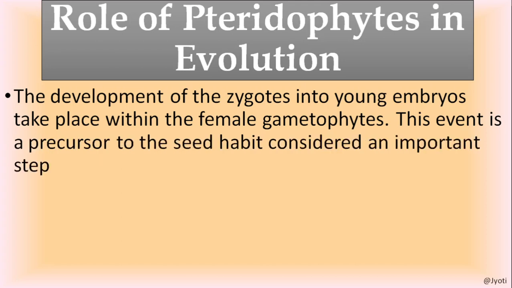Now, role of pteridophytes in evolution. The development of the zygote into young embryo takes place within the female gametophyte. As I have shown you, the development of the zygote takes place inside the archegonia. So this event is a precursor to the seed habit, considered an important step in evolution.